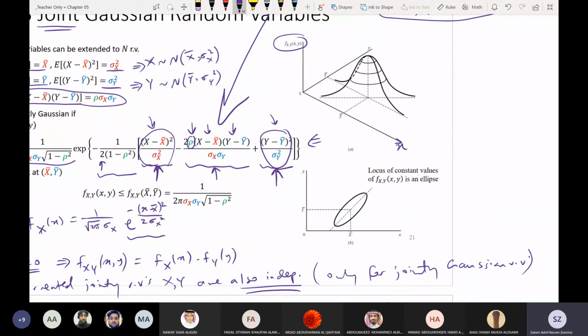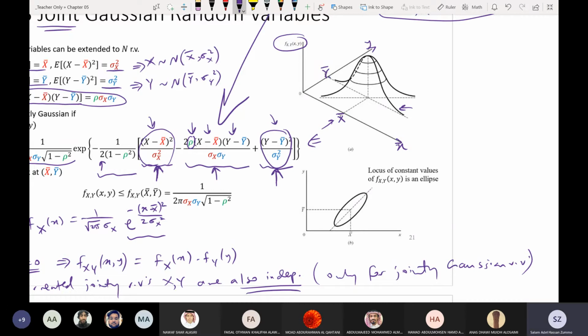If you draw, for example, this line, this is the x-axis PDF. It looks like Gaussian and it's centered around x bar. In the y-axis, if you look at only a specific x, in the y-axis you will see also a Gaussian, and it's centered around y bar.